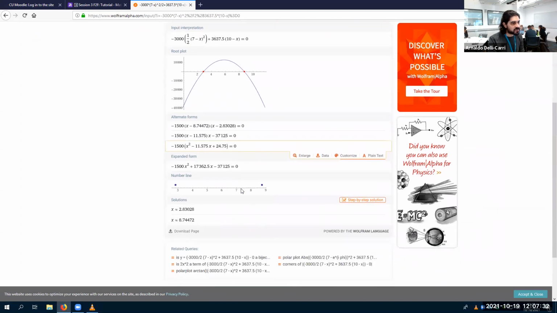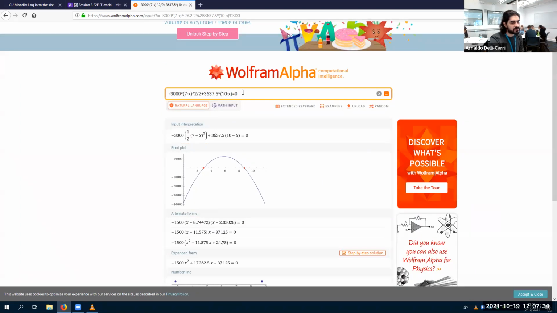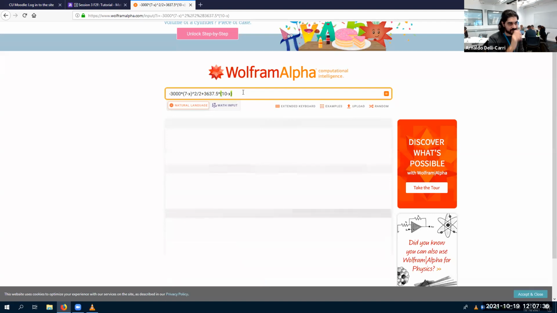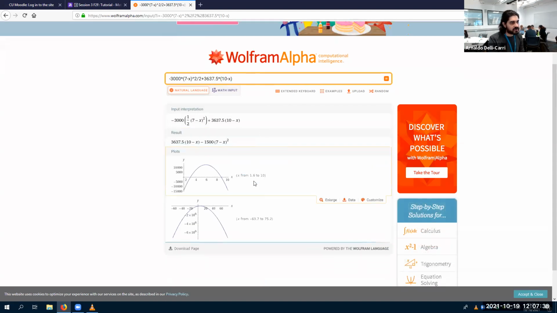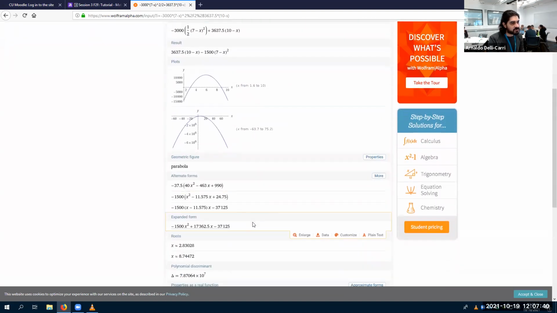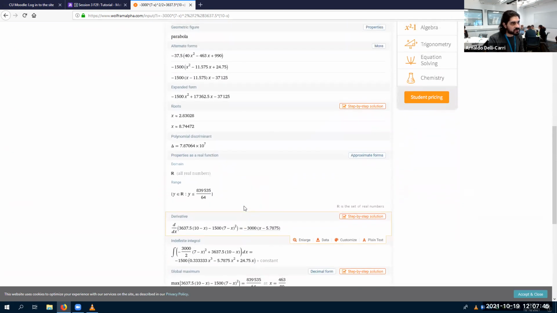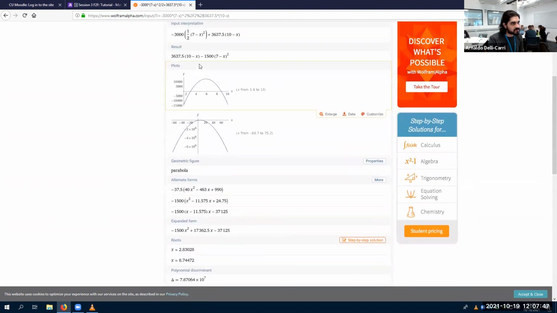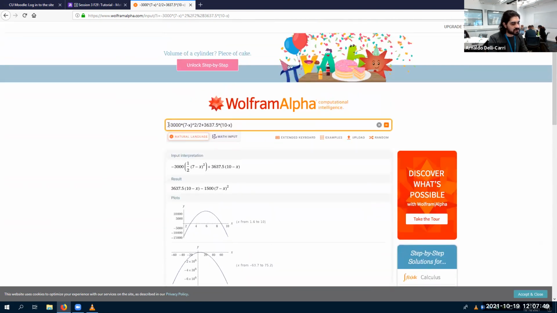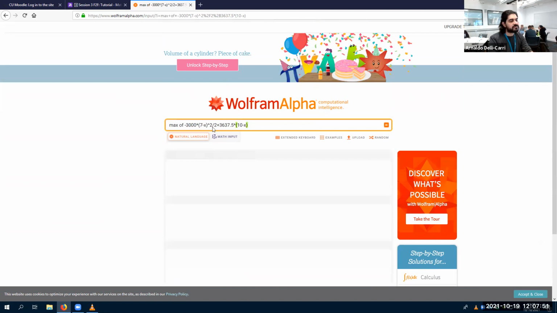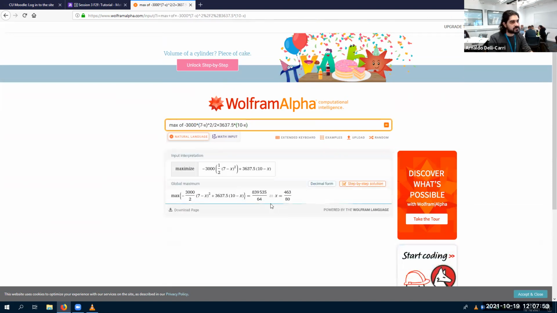Largest bending moment. Is there a maximum here? Where's the maximum point? Okay.